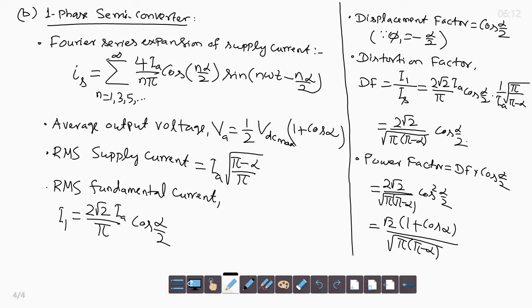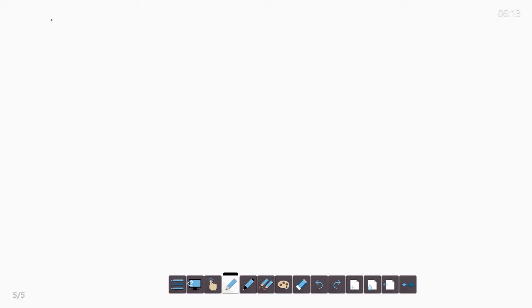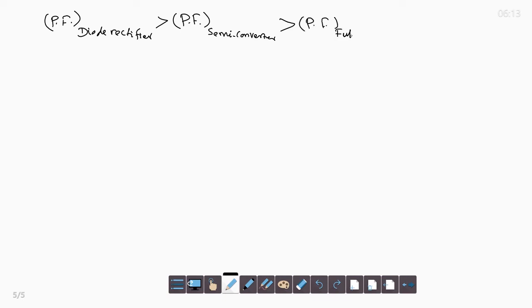You can prove it. So you can write power factor of diode rectifier is greater than power factor of semi converter, which is greater than power factor of full converter. This is applicable for single phase case as well as 3 phase case.